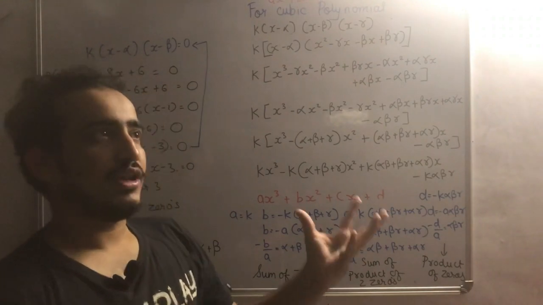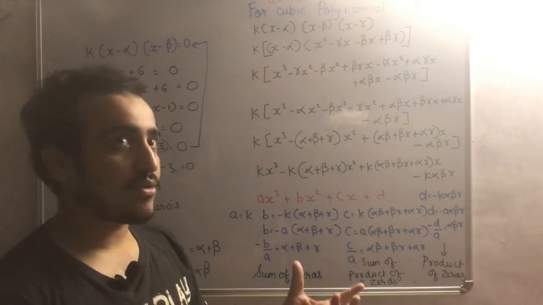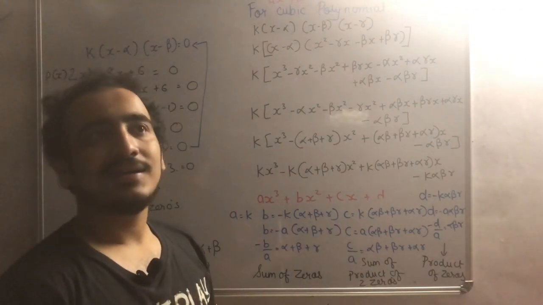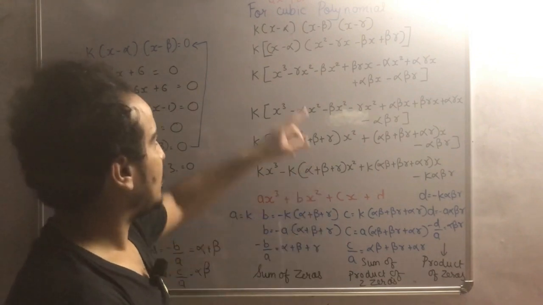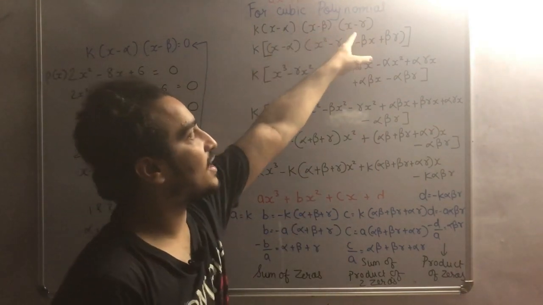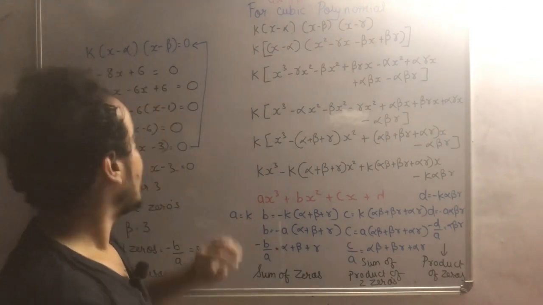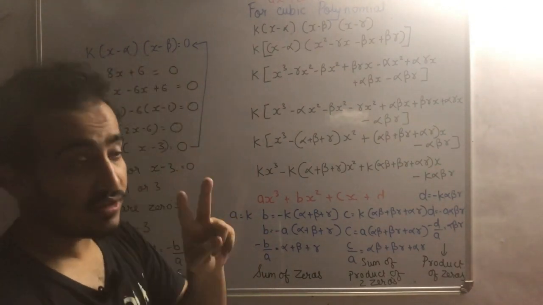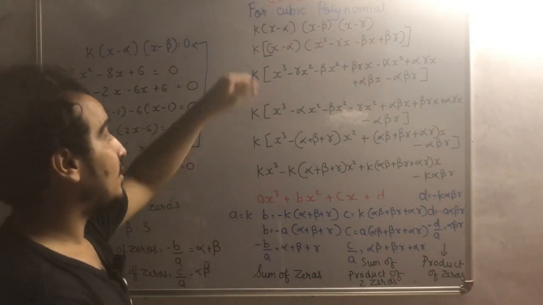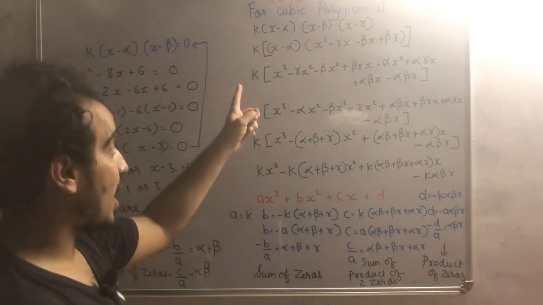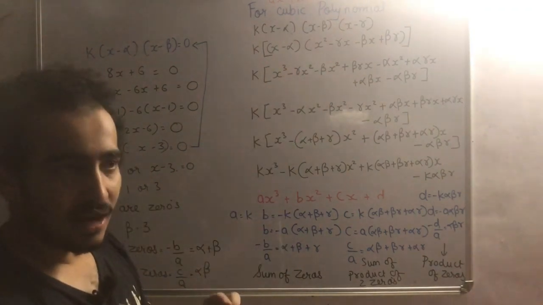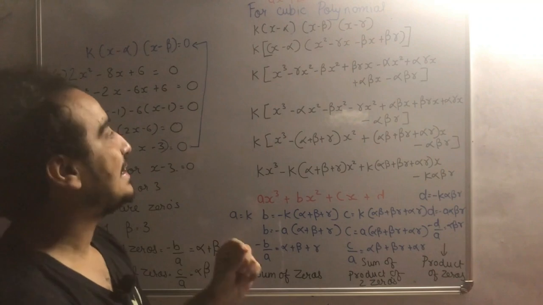As we know, a linear polynomial has 1 zero, a quadratic has 2 zeros, and a cubic has 3 zeros. Here only alpha and beta were there because there were only 2 zeros, but here there will be 3 zeros: alpha, beta and gamma.